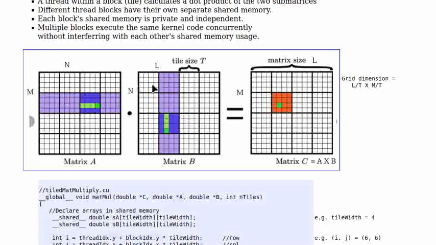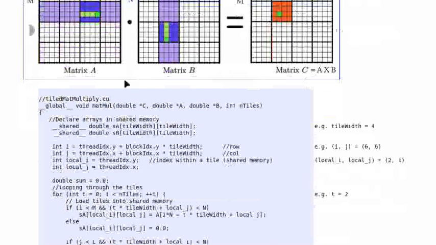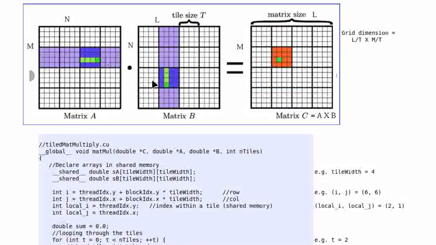product of these 2 submatrices, and then we advance t to be here, and so this will multiply this to give us another submatrix. And now here's t equals 2 in this example. This is the tile for t equals 2.